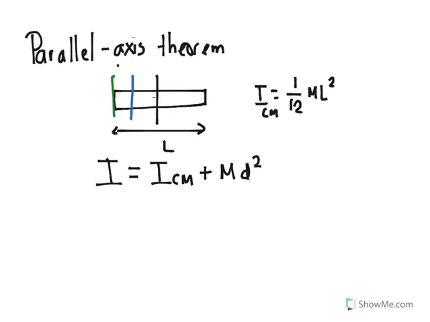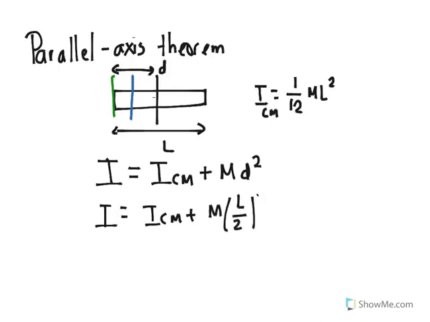So for instance, this distance is half the length, so we can have 1/12 of mass times length squared plus 1/4 of mass times length squared. Remember that you square the half also in this situation.